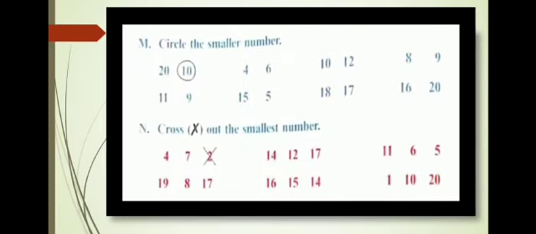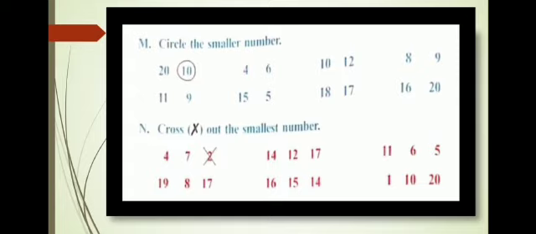Now, let us solve some examples. So children, in the first question, you have to circle the smaller number. So, in the first question, there are two numbers, 20 and 10. So tell me, which number is smaller?